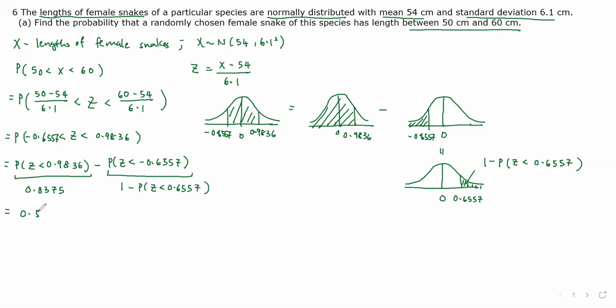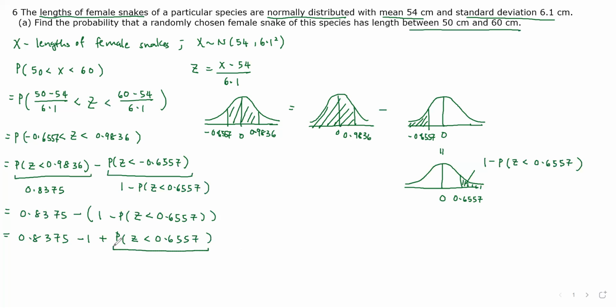So we have 0.8375 minus (1 minus the probability that Z is less than 0.6557). And this is 0.8375 minus 1 plus the probability that Z is less than 0.6557.